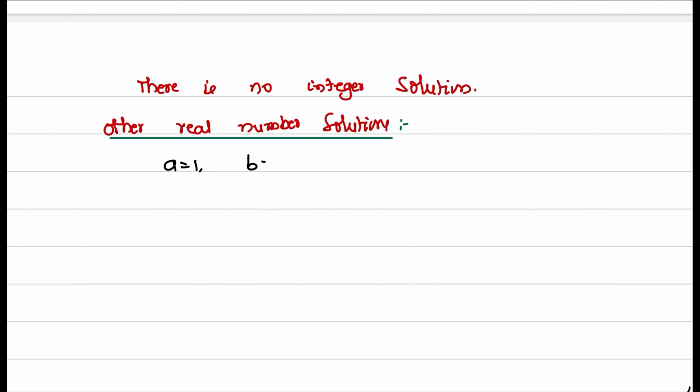What is the value of b? If a is equal to 1, what will be the value of b? How can we find out? a to the power of b plus b to the power of a is equal to ab factorial.